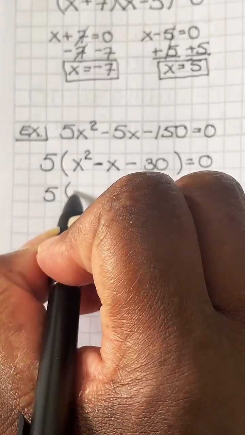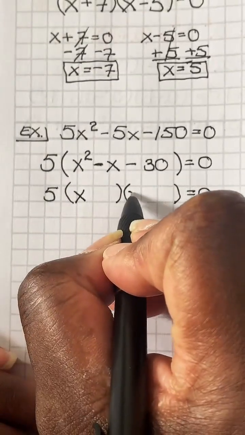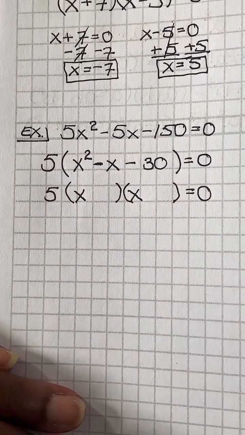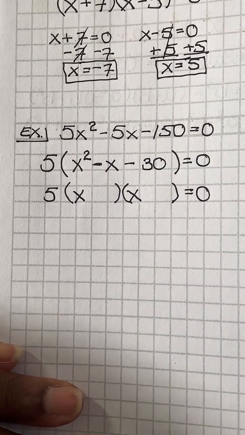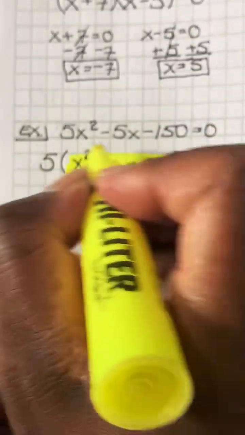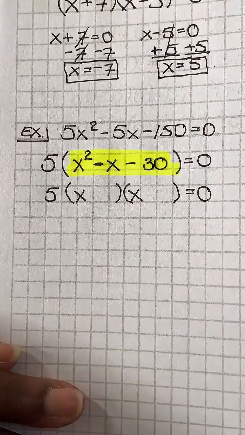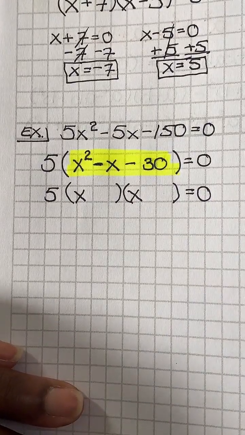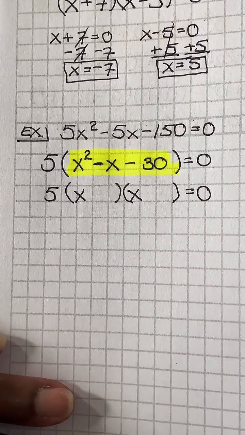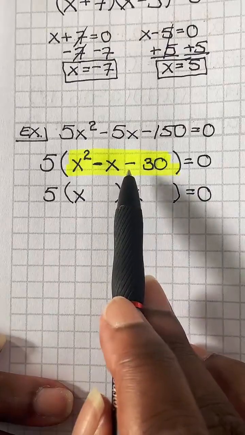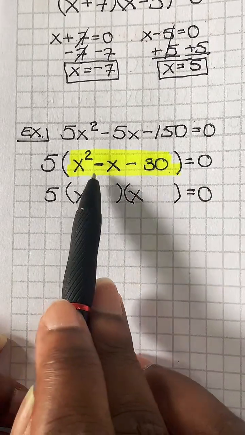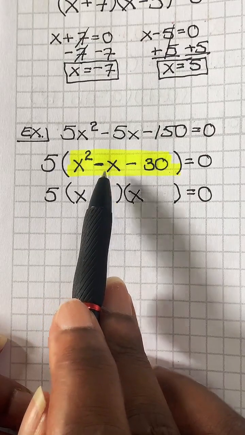But I can split my x's, just like before. So now we need to think, what 2 numbers multiplied together will give me a negative 30 and add together to give me a negative 1?